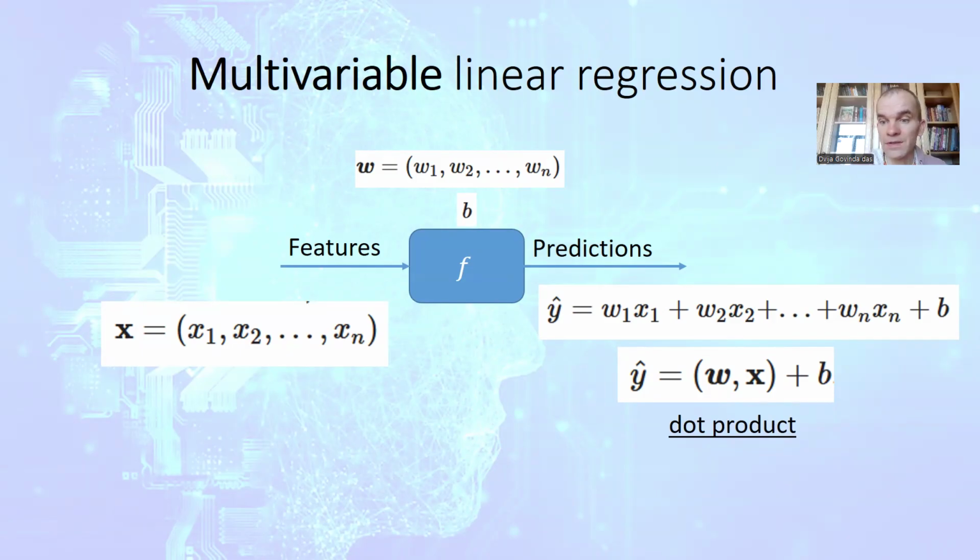So now wx is replaced by the dot product of vector w and vector x, which means multiplication with the following summation of weight vector and feature vector x, as is shown here. So y hat is now the dot product of w and x vectors plus intercept b.